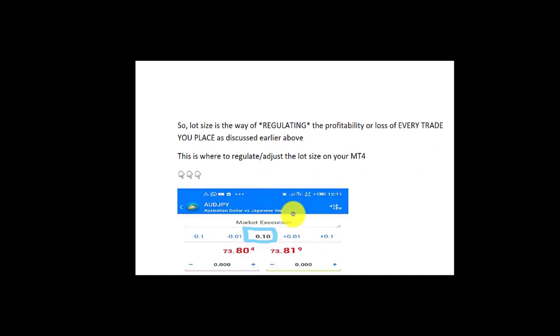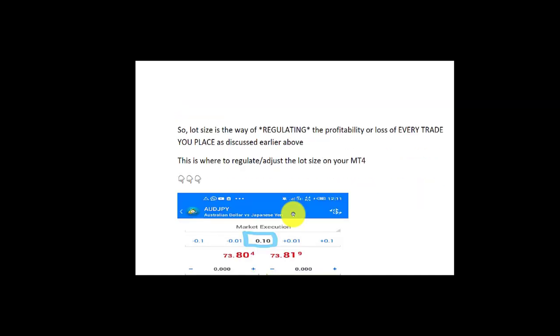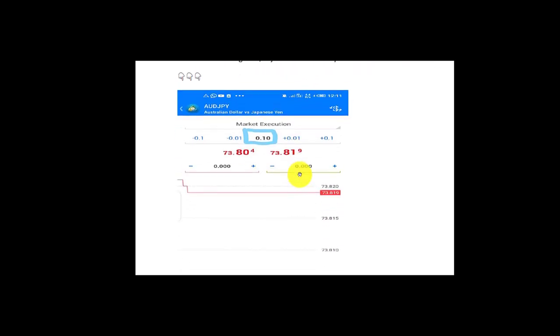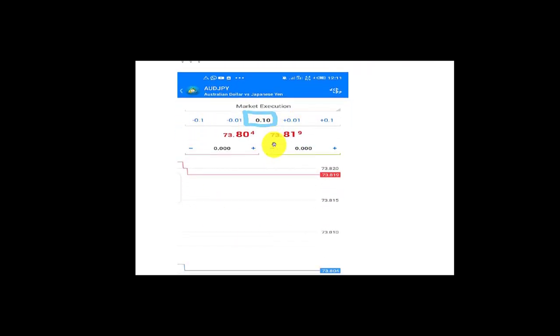The amount of pips you are able to catch or take profit on will also determine the amount of profit or losses you make on a trade. So lot size is the way of regulating the profitability or the loss of every trade you place, as we have discussed earlier. We are taking as an example our MetaTrader 4 platform.